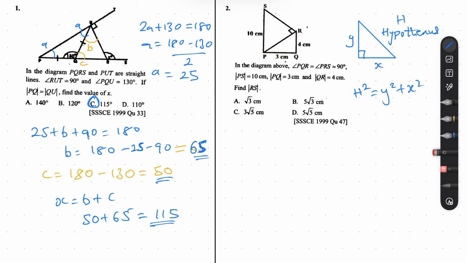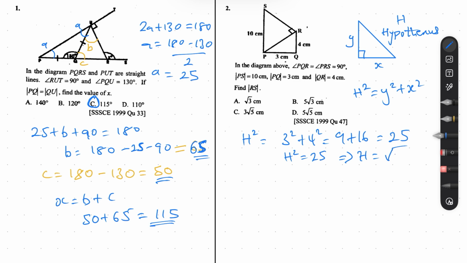We have h squared is equal to 3 squared plus 4 squared, which is 9 plus 16, giving us 25. So h squared is equal to 25. That means h will be the square root of 25, which is equal to 5.